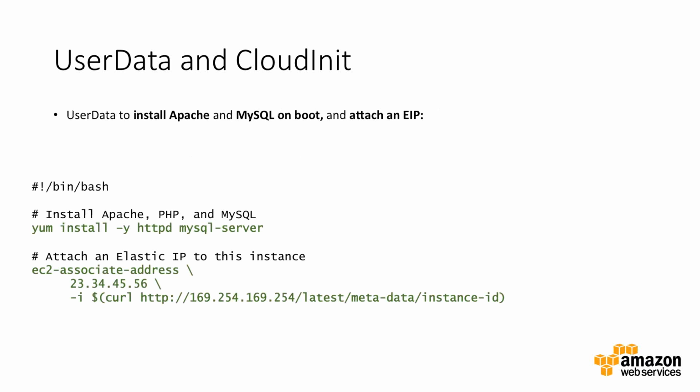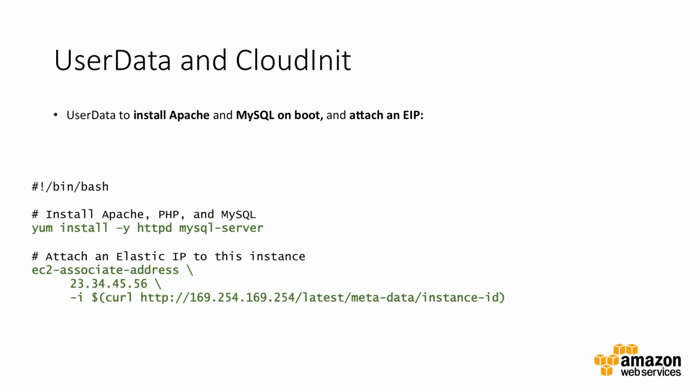Here's a quick example of user data that installs Apache, installs MySQL, and then attaches an elastic IP address to that particular instance. If you look, this would be installed as a user data script. You can see that we're doing a hash bang /bin/bash to call up the bash script. We're then doing a yum install of HTTPD and MySQL Server.